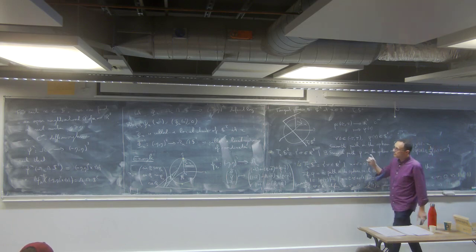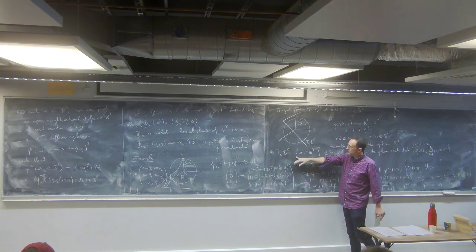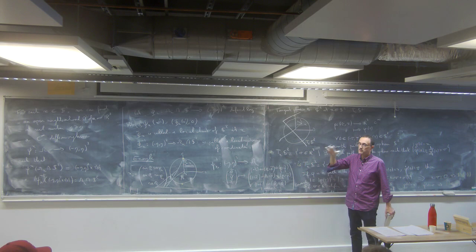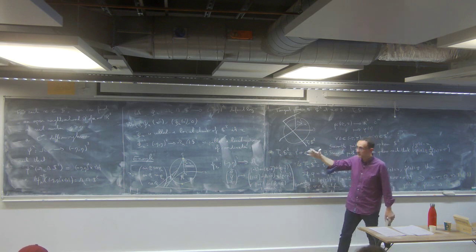Yeah, so that's a good point. If I'm talking about a submanifold, the tangent space is a linear subspace of the Euclidean space the manifold is embedded in.